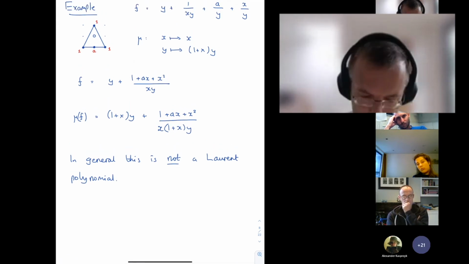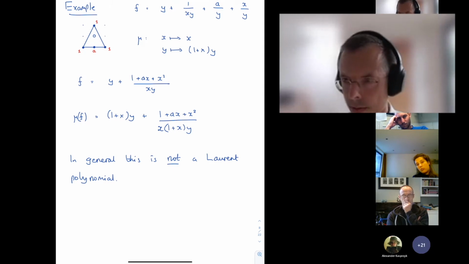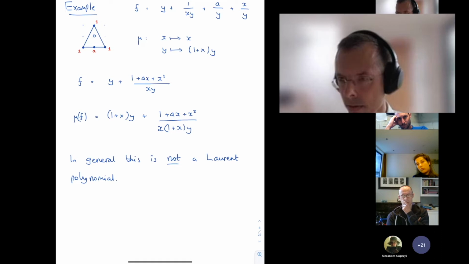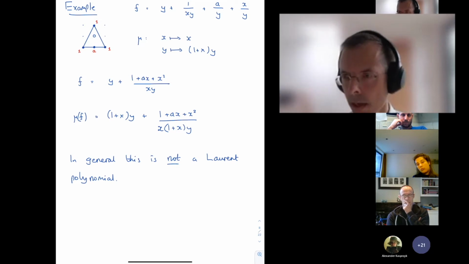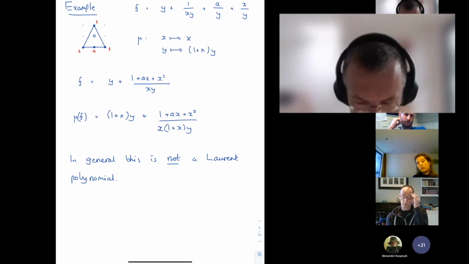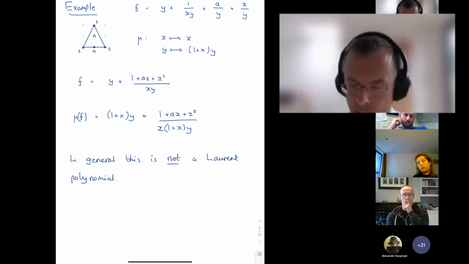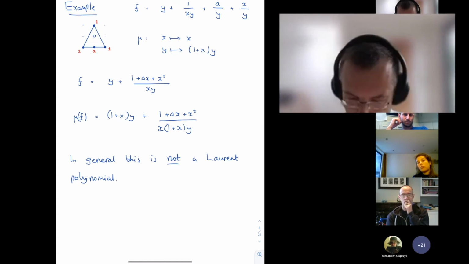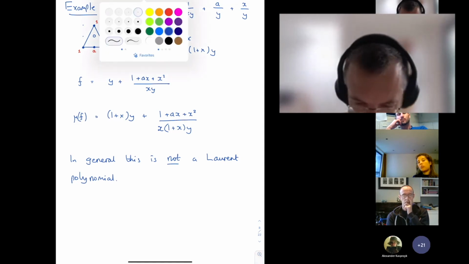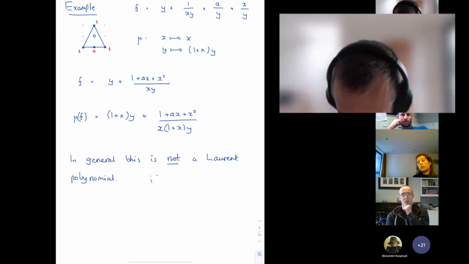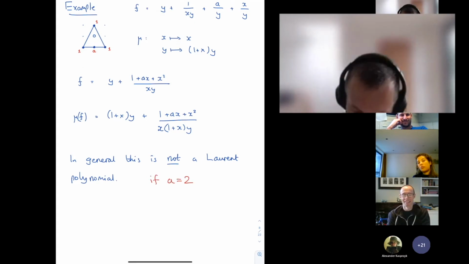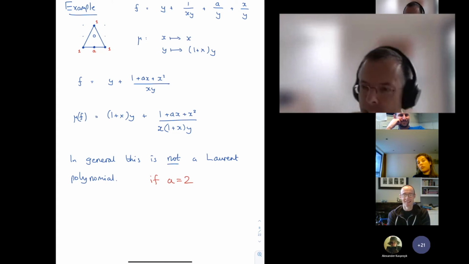Notice that this is not a Laurent polynomial in general, because this is not a monomial. However, if I choose A correctly, for certain very special values of A, this is a Laurent polynomial. If A is 2, then this is 1 plus 2x plus x squared on the top.